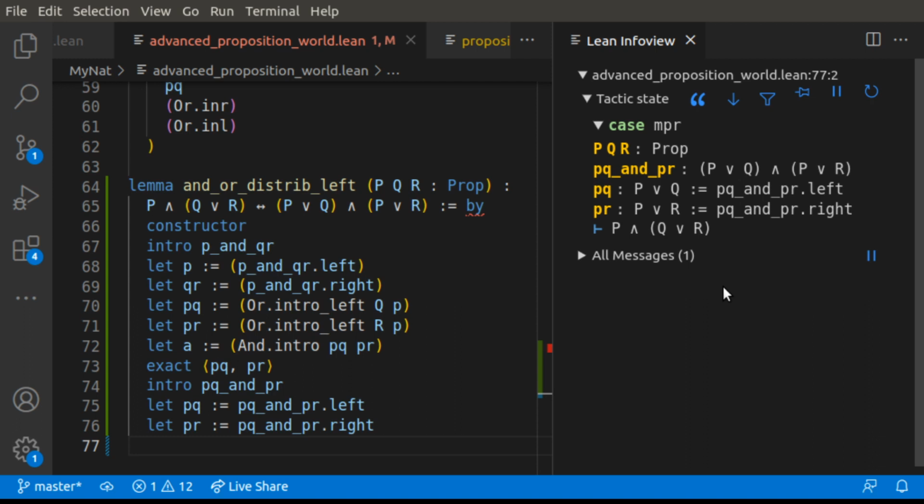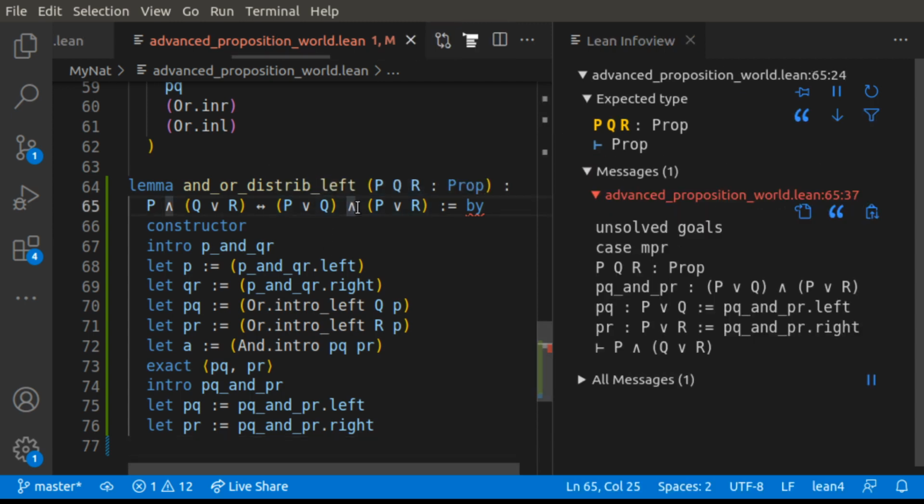So we have P or Q and P or R. And okay, so either Q is true or R is true.